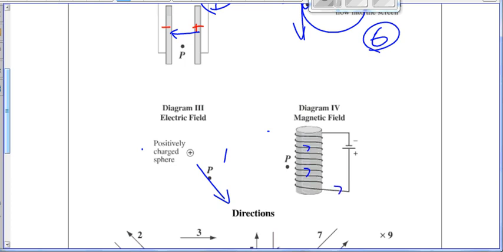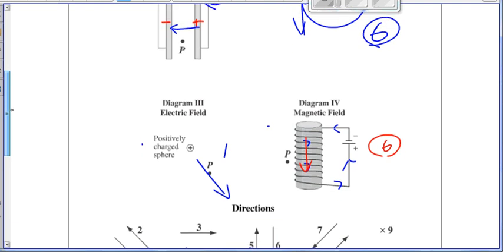Make your little coil if you have to. I've got my fingers pointing towards the right in the front. My thumb points downwards. That means the magnetic field inside the coil is pointing downwards. So that's going to be a 6 as well. So my answer would be diagram 1, 2, 3, 4. No, sorry, it's 4, 6, 1, 6.